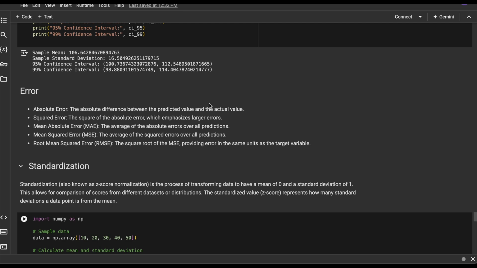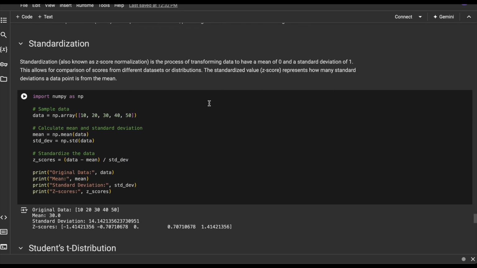Next is standardization. Standardization is a technique that converts the original data. In the example, the original data is 10, 20, 30, 40, 50 with a mean of 30. Using standardization I convert the values 10, 20, 30 into values around zero, like 0, 1.2, 1.3, 1.4 and so on.